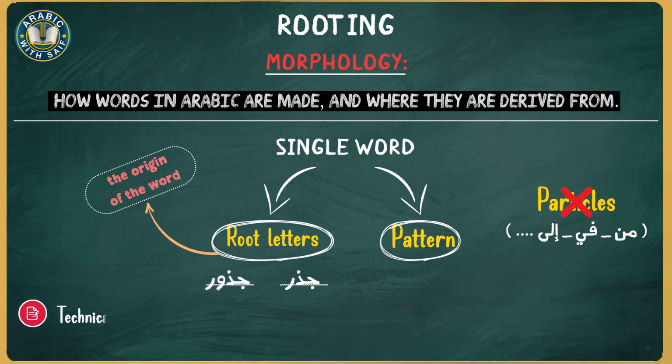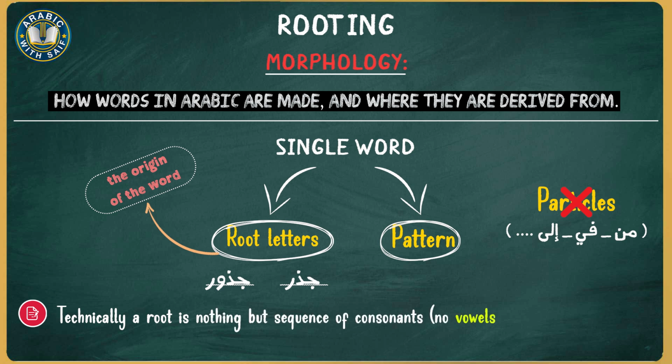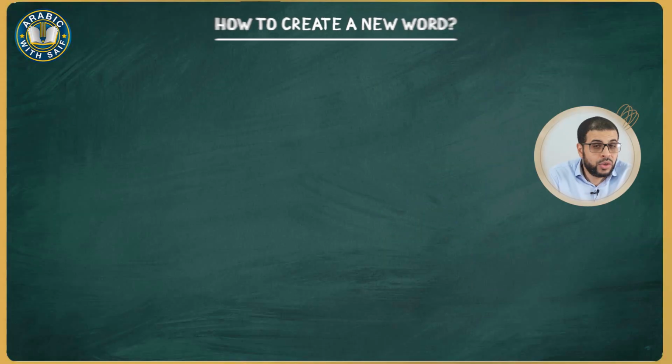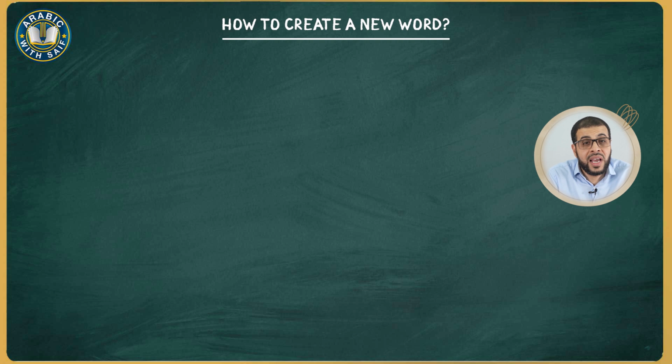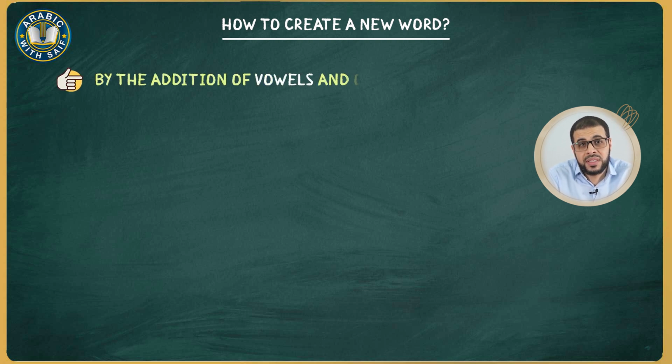Technically, a root is nothing but a sequence of consonants, no vowels allowed, long or short. We use the letters of the root as a base, in accordance with the core meaning, within the newly created words. But how do we create a new word in Arabic? The answer is by the addition of vowels and other consonants to the root.